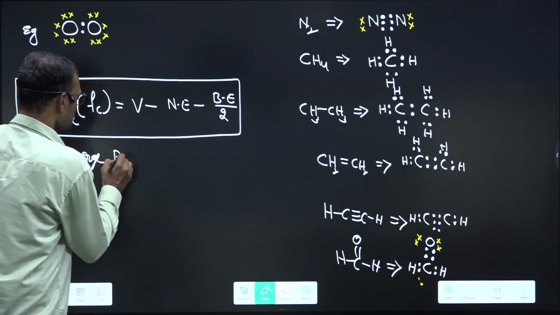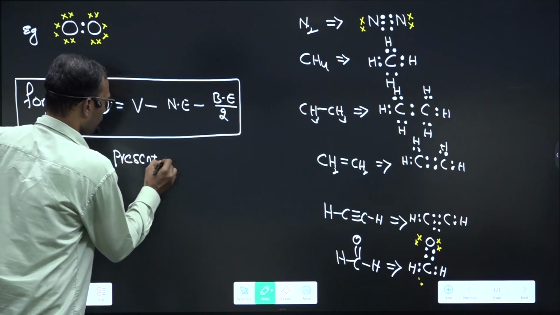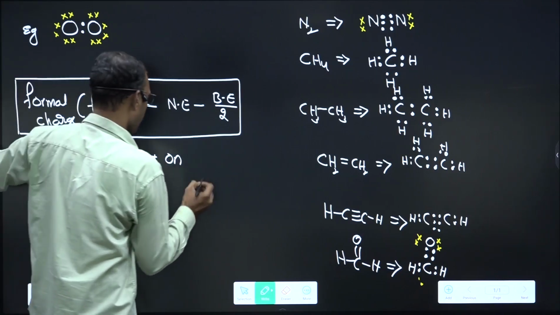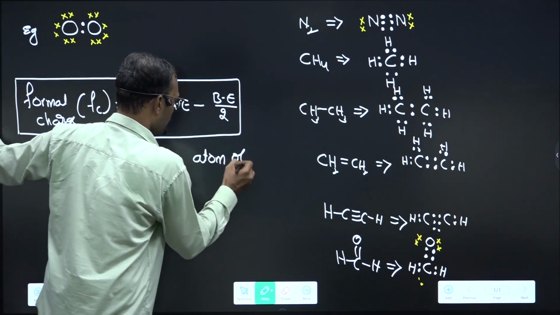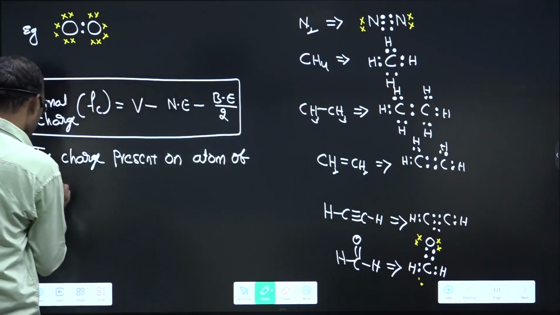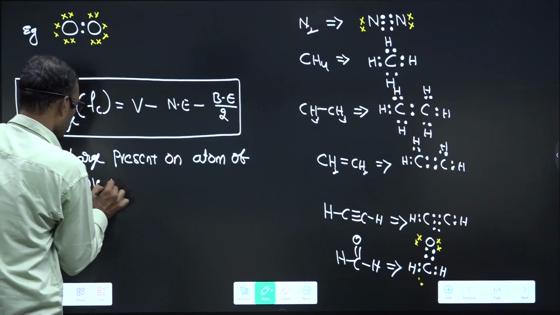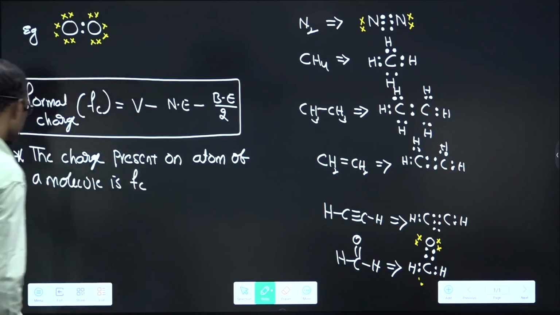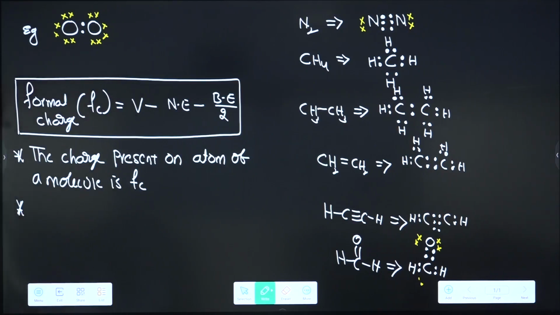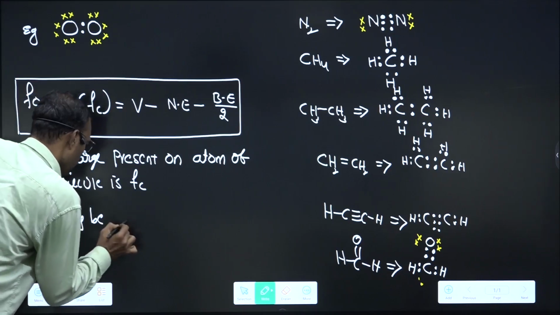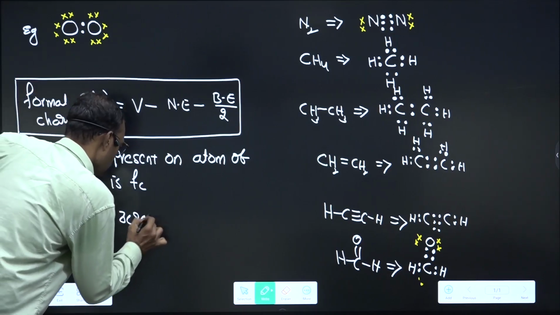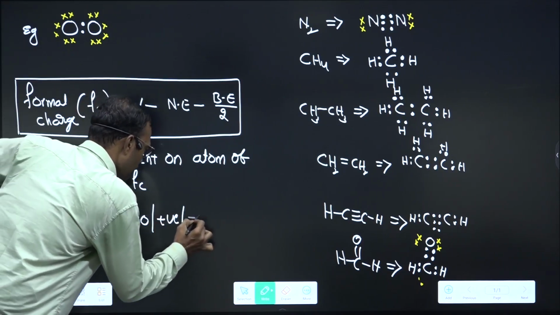The charge present on an atom of a molecule is called formal charge. Formal charge may be 0, or it may be positive, or it may be negative.